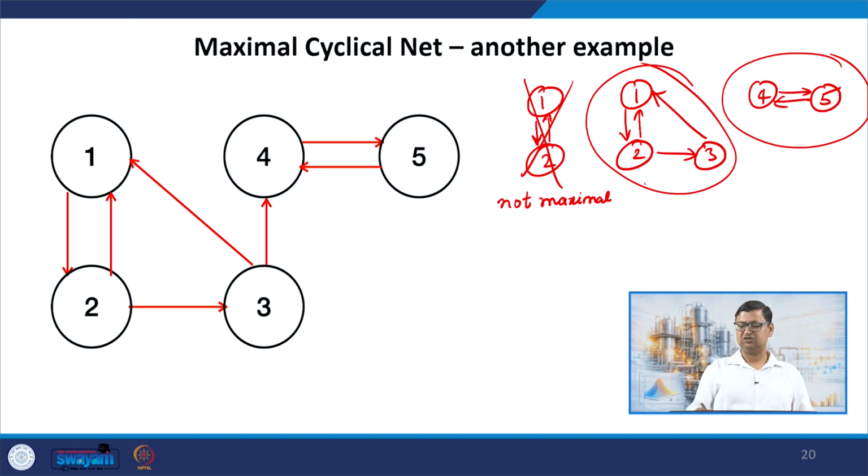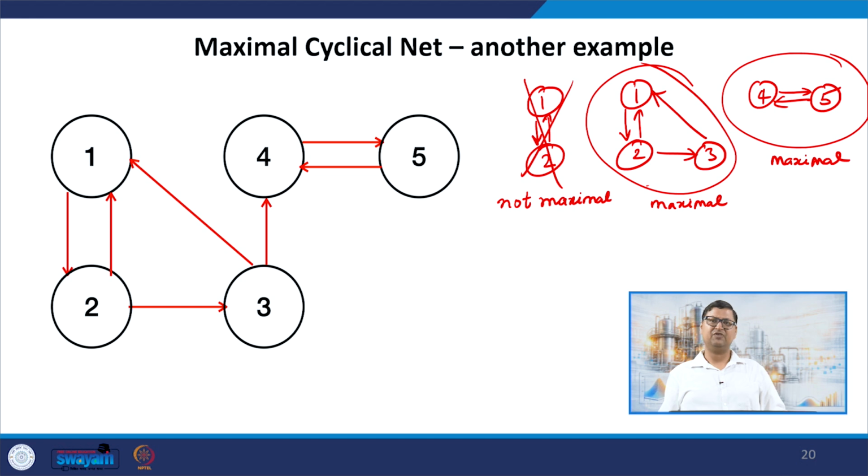So in the case of 1, 2, 3 and 4, 5, both of them are maximal because they are not sharing any common vertex. The first one is in 1, 2, 3, the other one is in 4 and 5. So we have two maximal cyclical nets in this case and three cyclical nets in this case, and both of these cyclical nets are maximal because they are not sharing any common vertex.